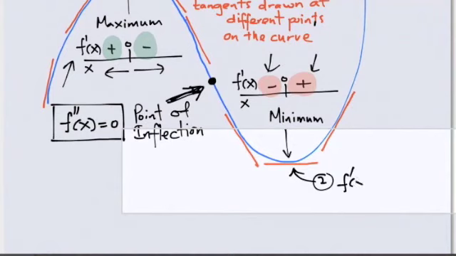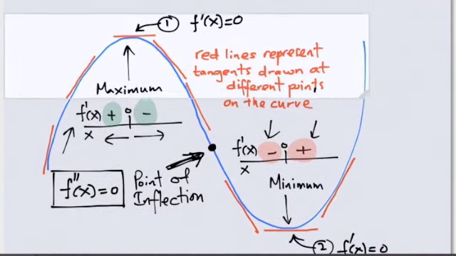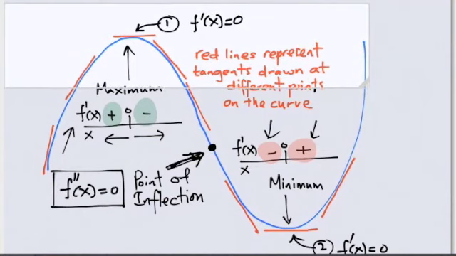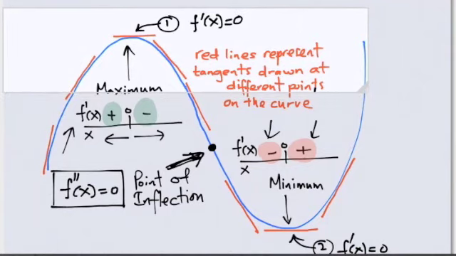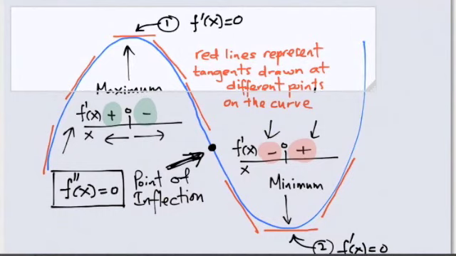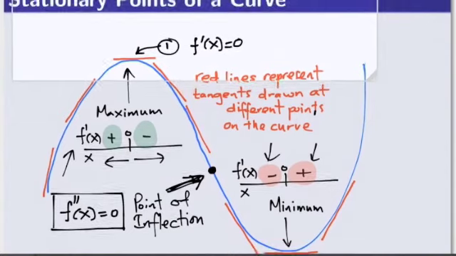The first derivative of the function is 0 at a minimum. And the gradient to the left of the maximum point, as stated before, is positive. Gradient to the right of the maximum is negative. So we can test whether a point is a maximum by checking the gradients. Same can be said about the minimums.